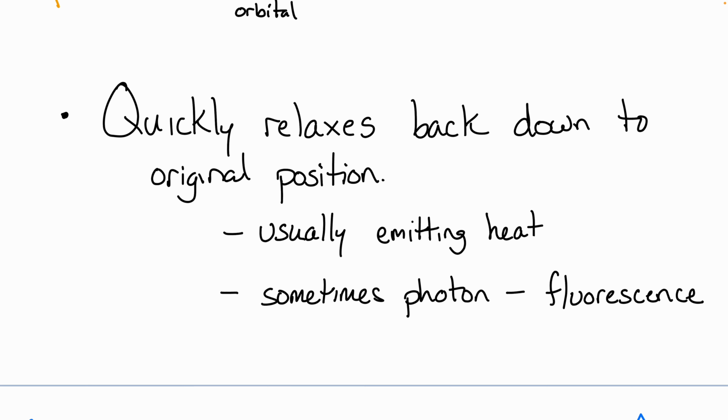If you've ever seen something glow under a black light, that's an especially cool example of fluorescence, because you're exciting it with this UV light that your eyeball can't see, and then it's emitting this visible light that you can see because it's one of those special fluorescent compounds.